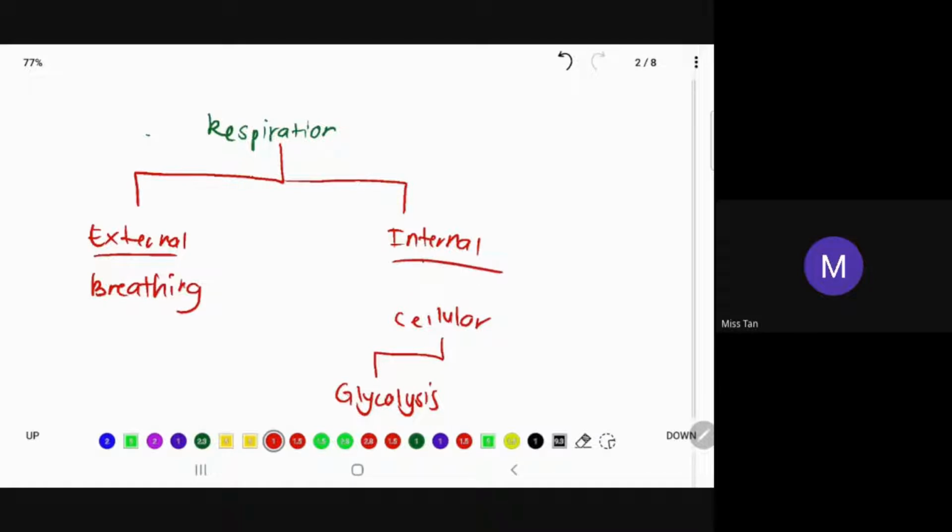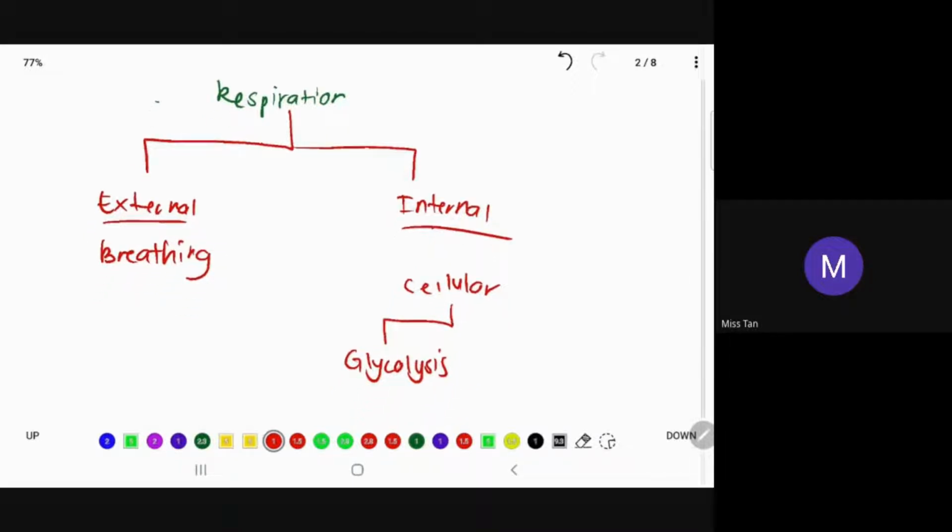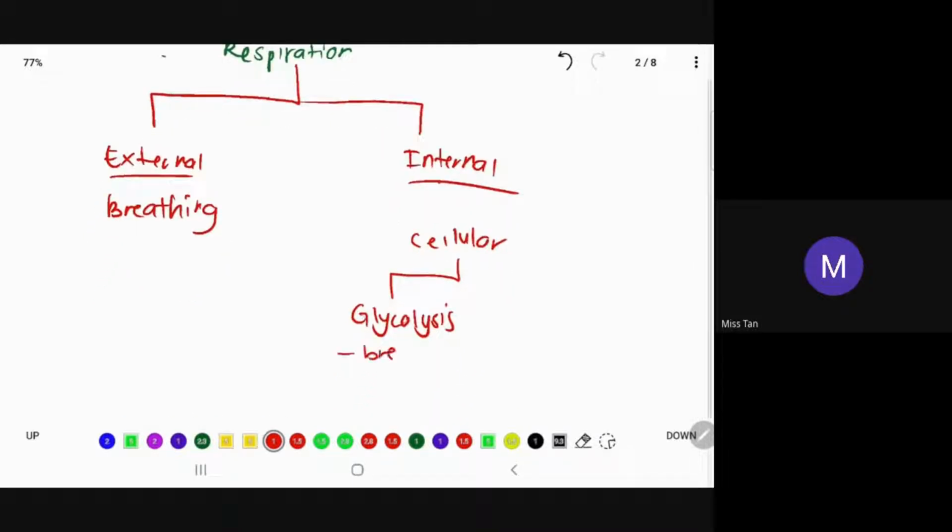What is pyruvate? And this happens where? It happens in the cytoplasm. Correct. And this pyruvate is actually an intermediate, meaning a halfway product, not the end product.